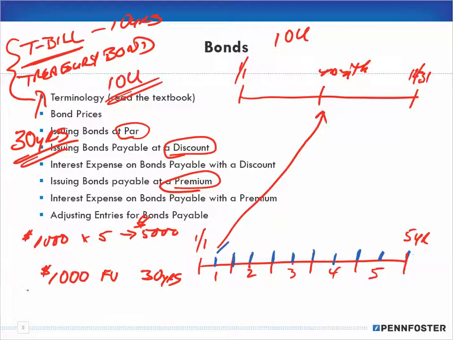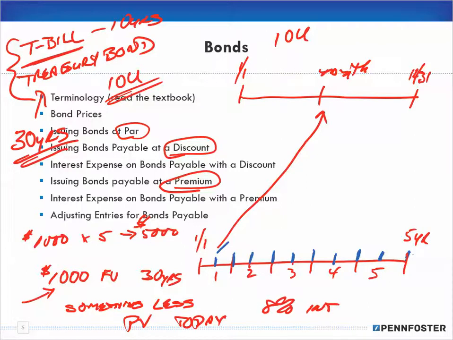But when you go into the bank and you buy it right now, you're not paying $1,000. You're going to pay something less. And that something less is based upon the present value of that $1,000 today. Let's say the interest rate, and I'm just making something up here, is 8%.